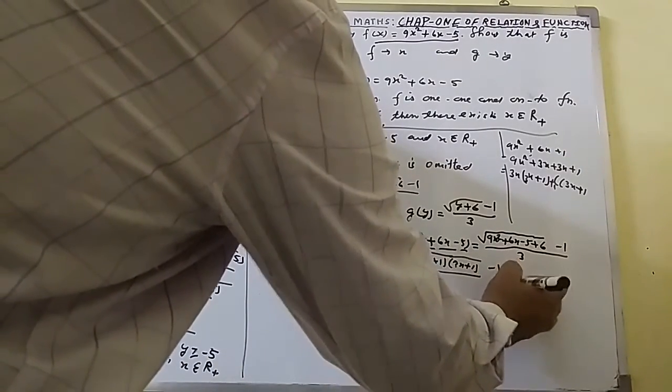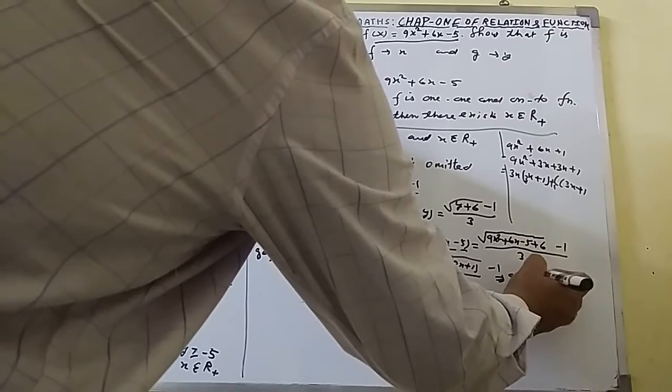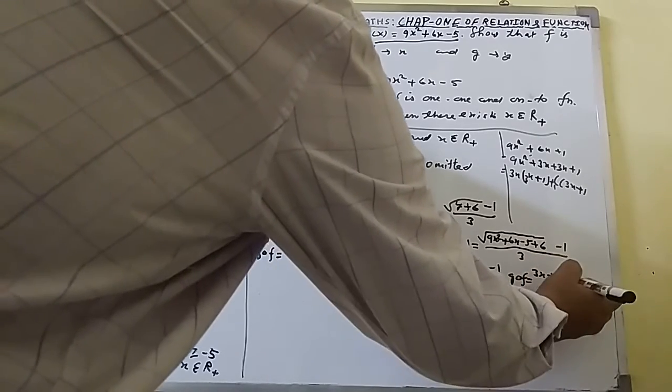So what will we do here? It implies that g o f equals (3x plus 1 minus 1) whole over 3.